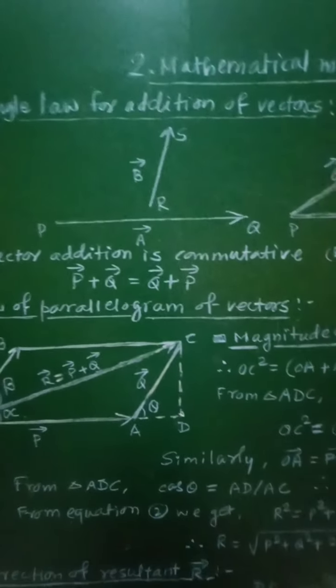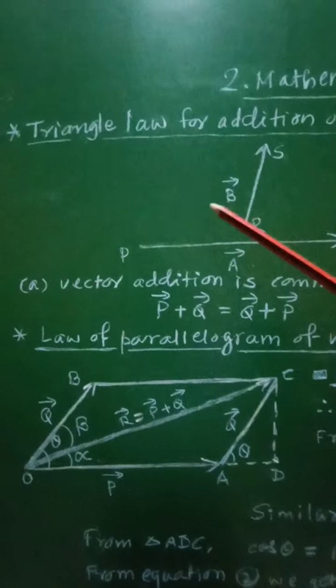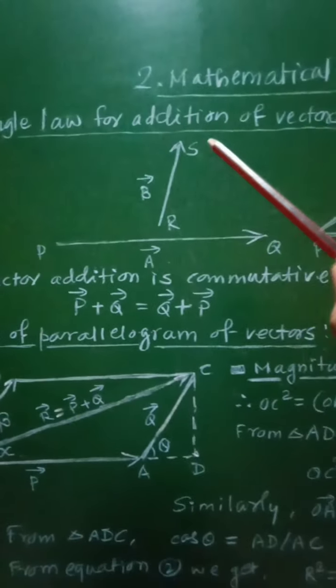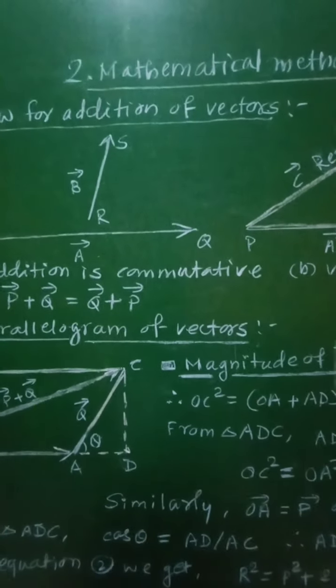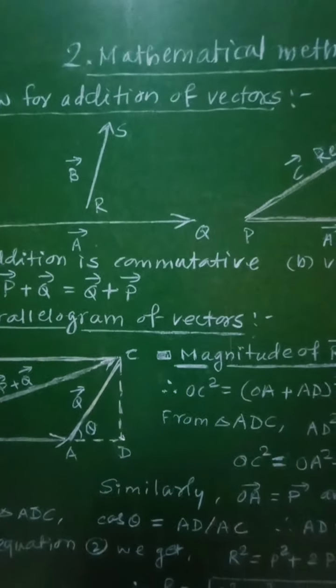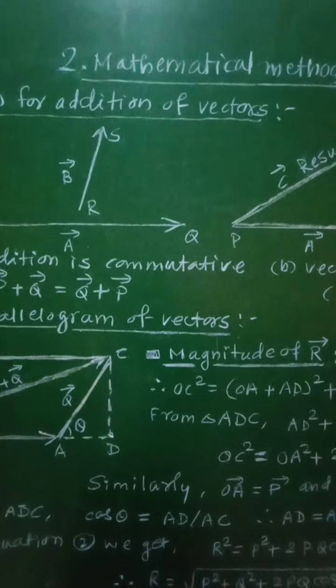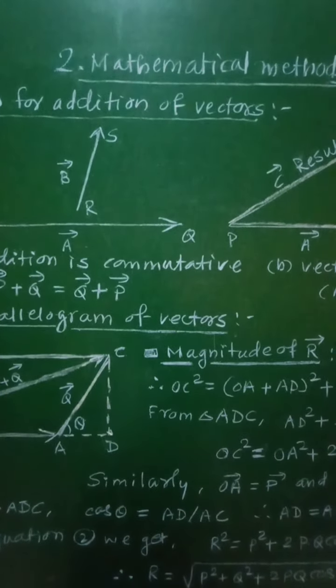And therefore let us see the addition of vectors by using the triangle law, that is, the triangle law for addition of vectors. Now let us first see the statement of this triangle law, and then we will explain.